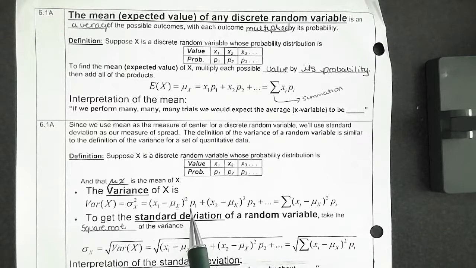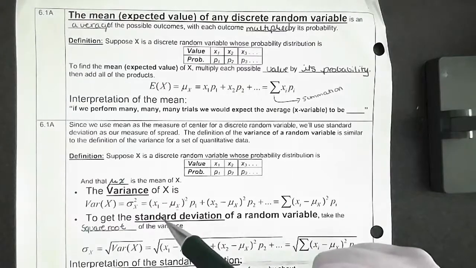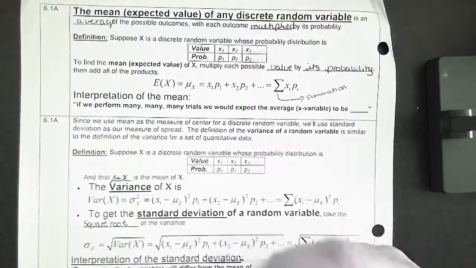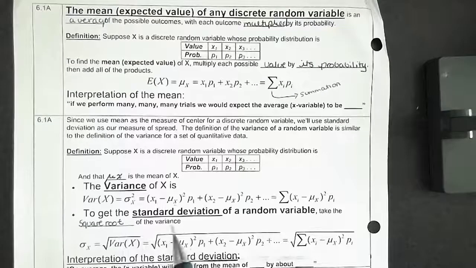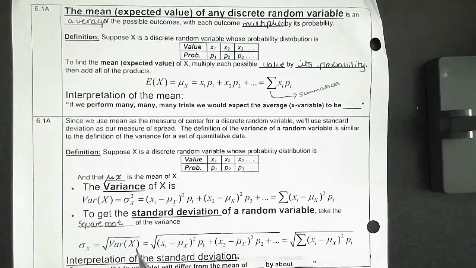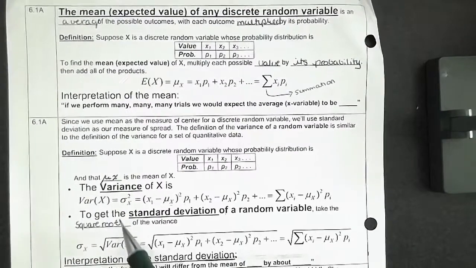When you add all those up, that's equal to the variance. Now, you're going to get some practice doing this, and I want you to do that a couple of times just so you can understand how this is being done. Most of the time, you're not going to have to calculate it by yourself, okay? And then remember that the standard deviation is the square root of this variance. So you take this whole thing and then take the square root.